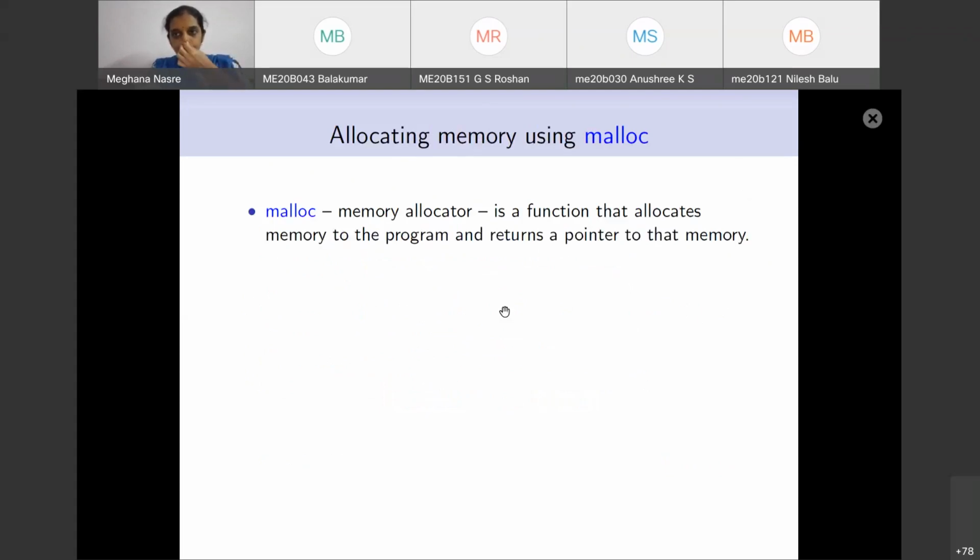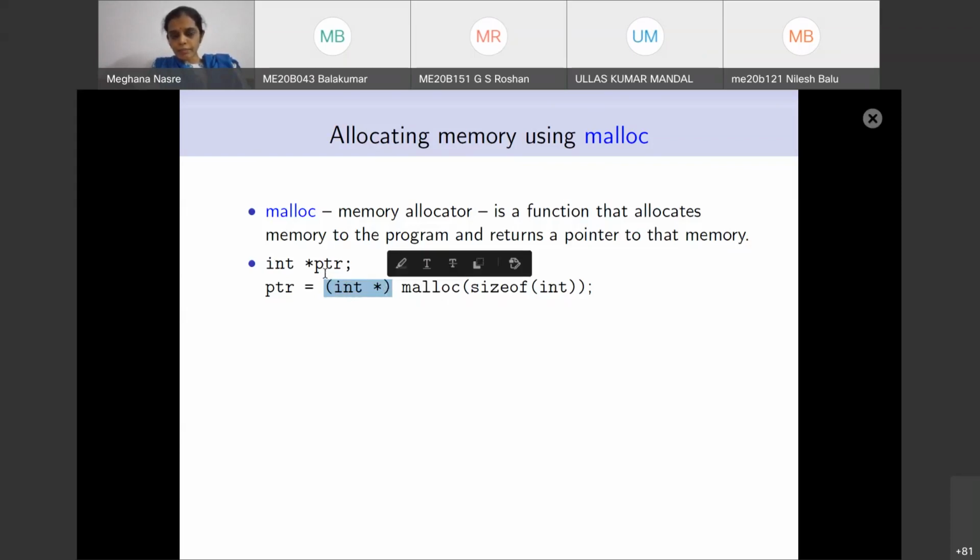The syntax is that you give malloc the number of bytes that you want to allocate, and it will return a pointer to void star. So in order to access the memory that you have allocated appropriately, it is the responsibility of the caller to typecast the void star pointer appropriately.